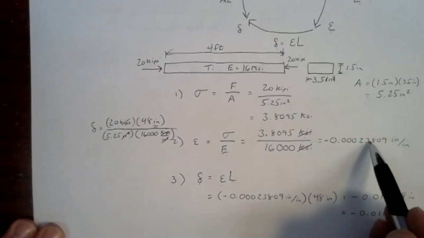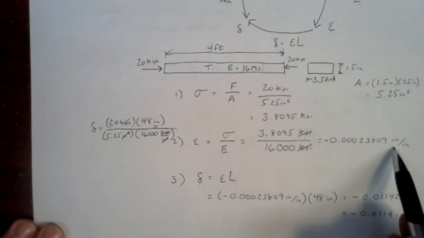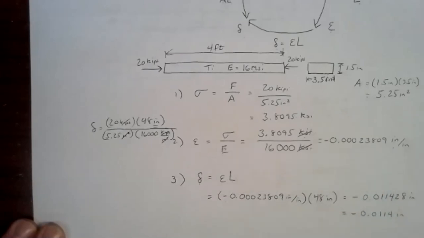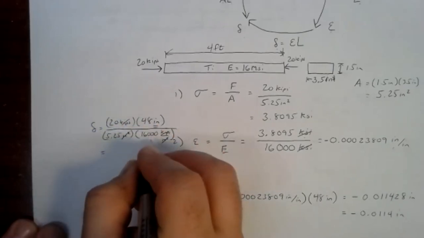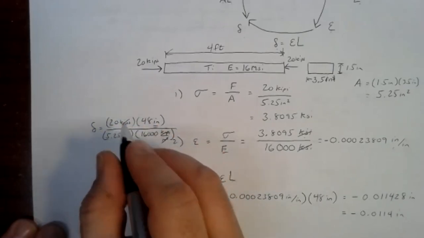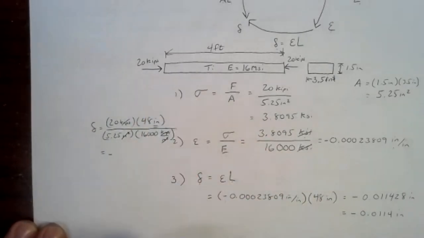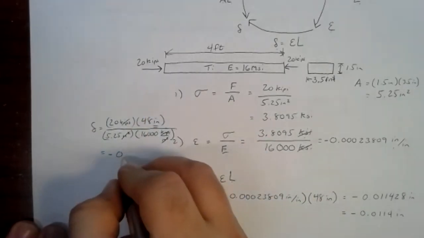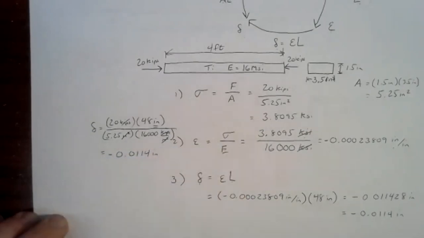We rounded off here in figuring out our KSI. Then we rounded off again with our stress. So we have a little bit more round off error. You have to interpret into this one the sign, if it's a shrink or a stretch. So we know we've got a compressive load here, so our answer is going to be negative 0.0114. So it gets us to the same place in the end.